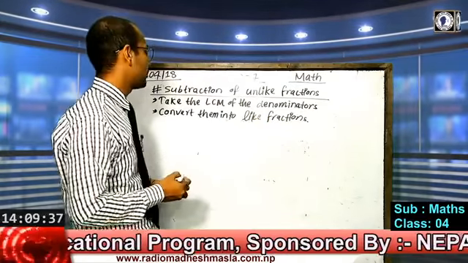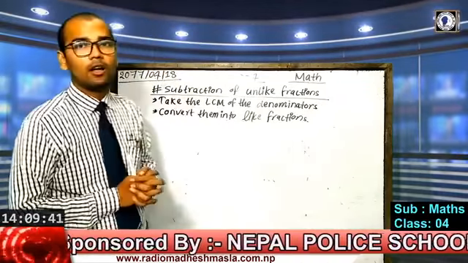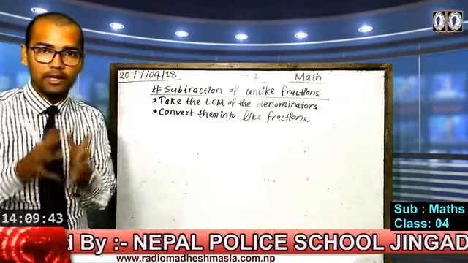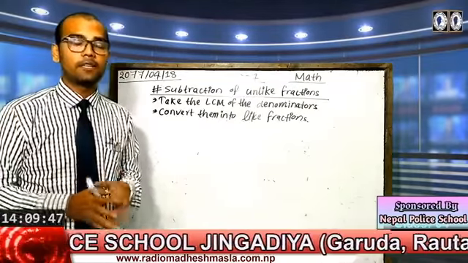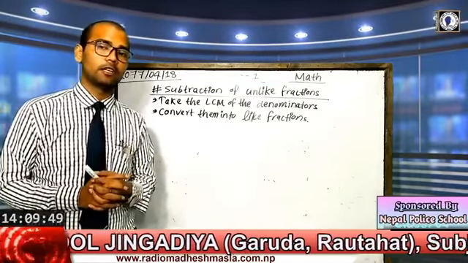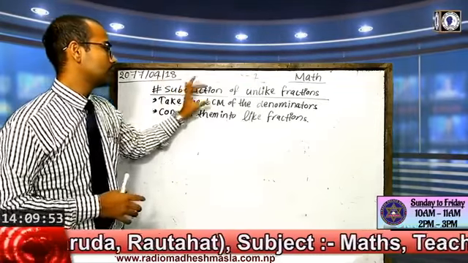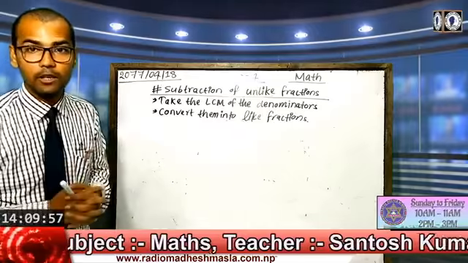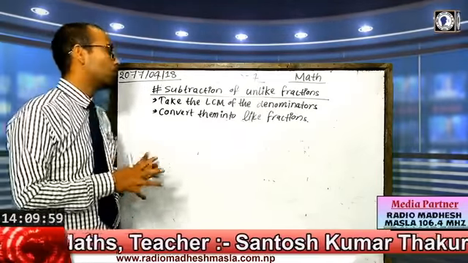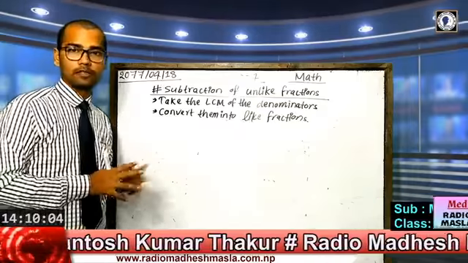So students, as you know, we find the LCM of denominators when we convert the given unlike fractions into like fractions. So after finding the LCM of the denominators of the given fractions, we should convert them into like fractions.